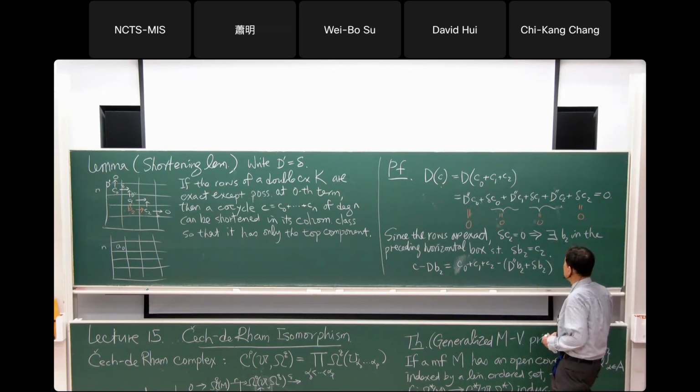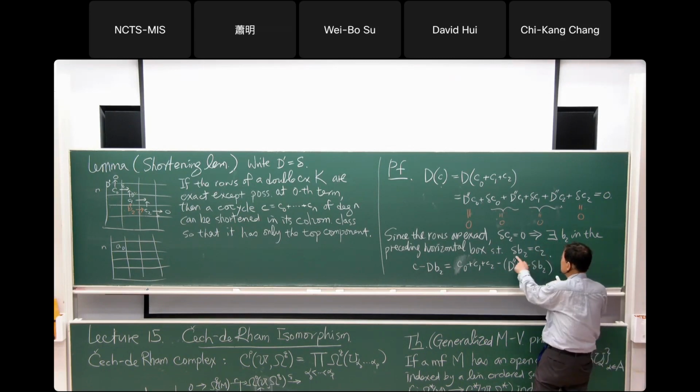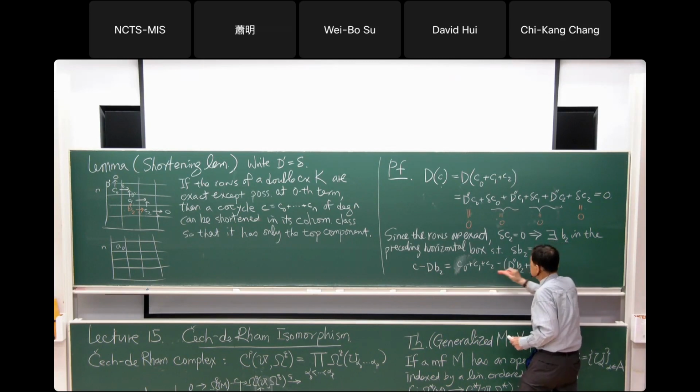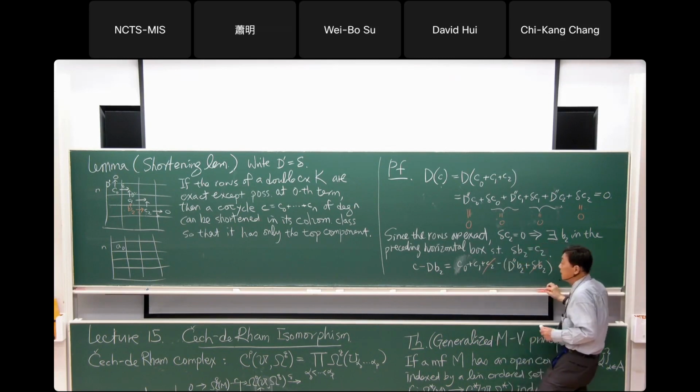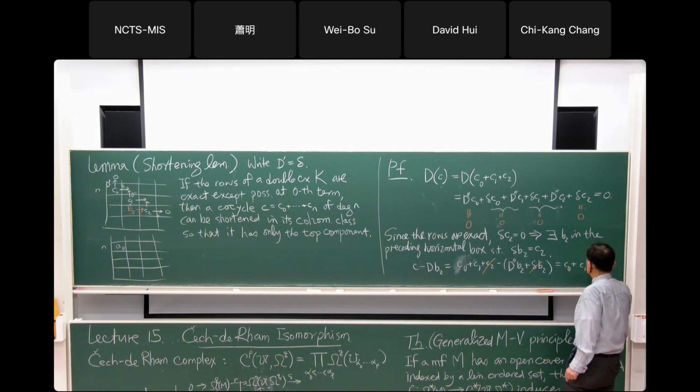But delta B2 is C2, so this cancels that. And so you get C0 plus C1 minus D double prime B2.